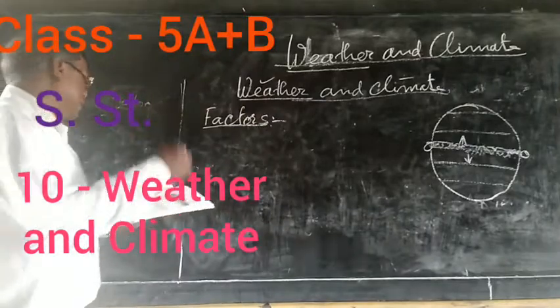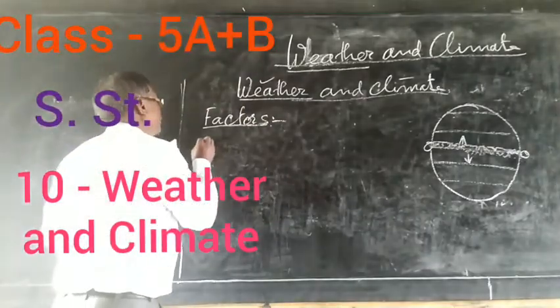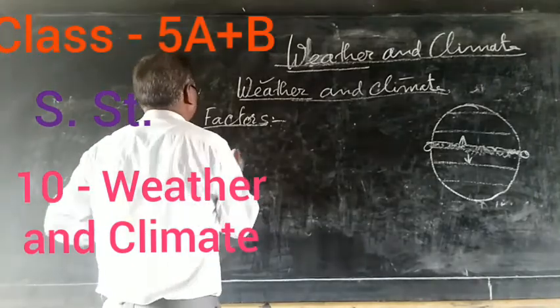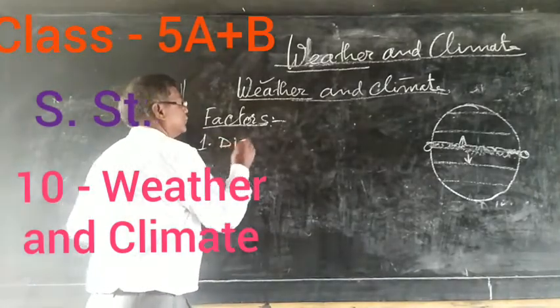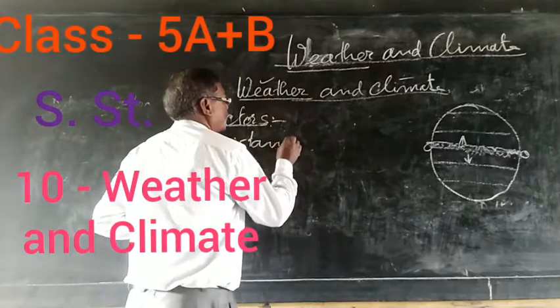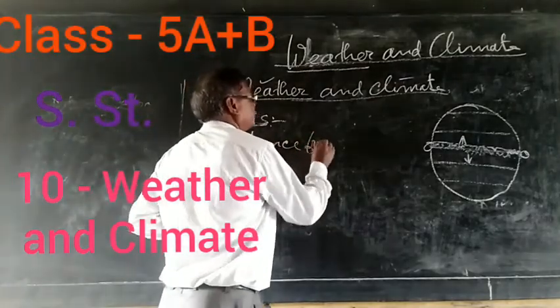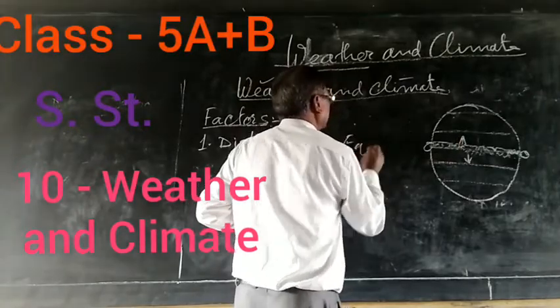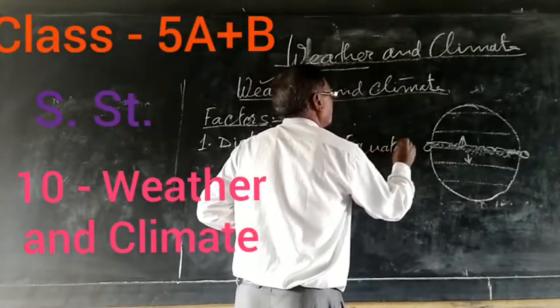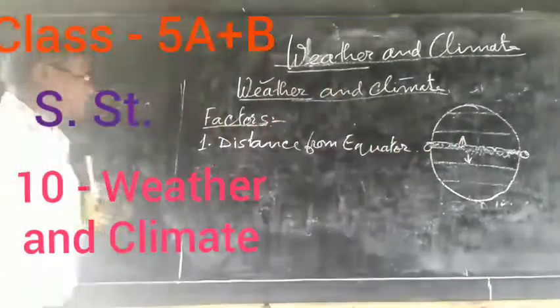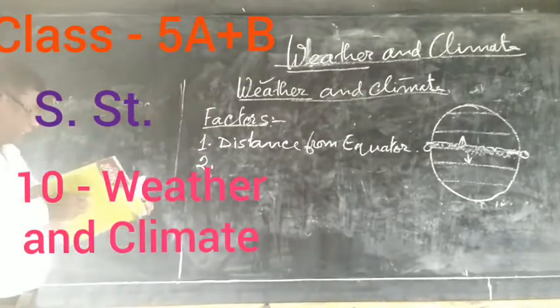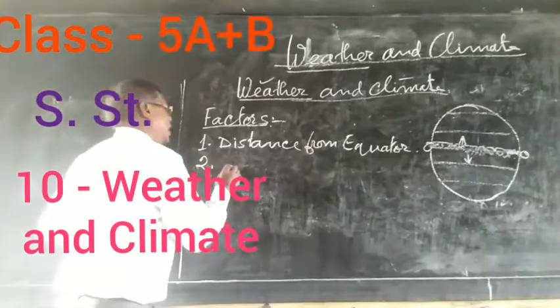So number one is the distance from the equator. Number two we have discussed is altitude.